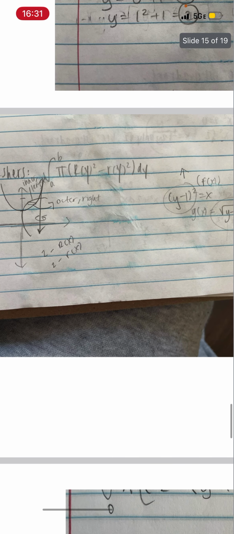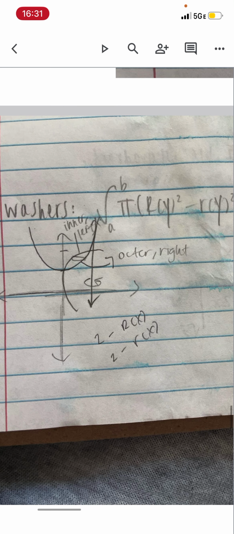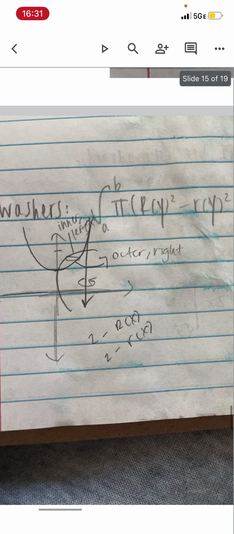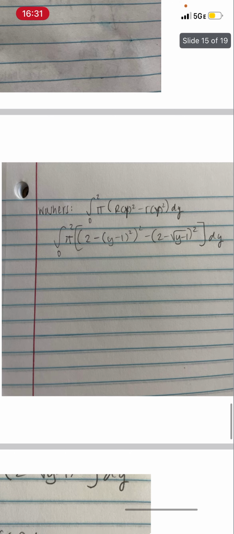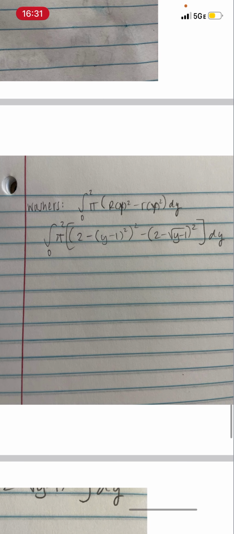To make it more clear as well, our outer radius is going to be that x squared plus 1, and the inner radius is going to be that square root of x plus 1 as well. And that is what we get for the equation.